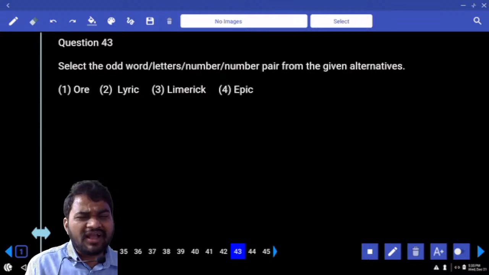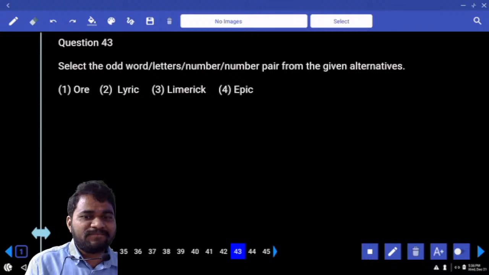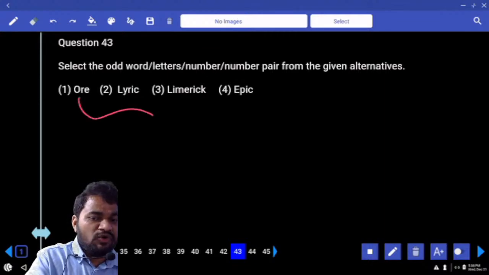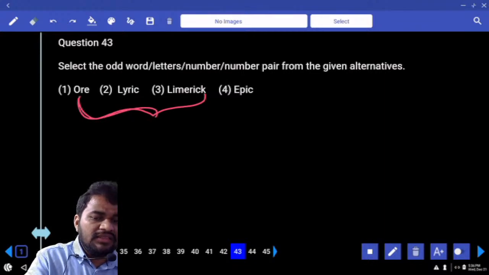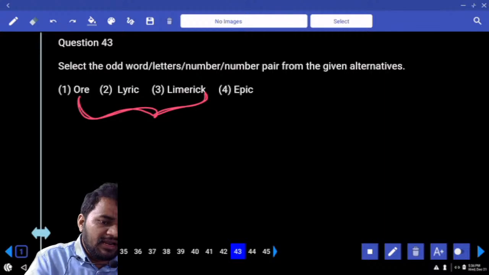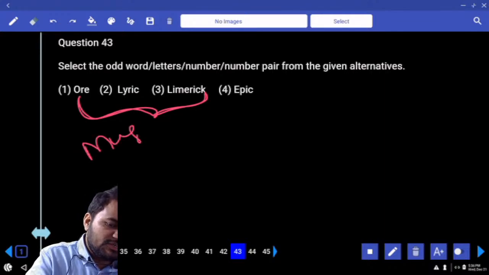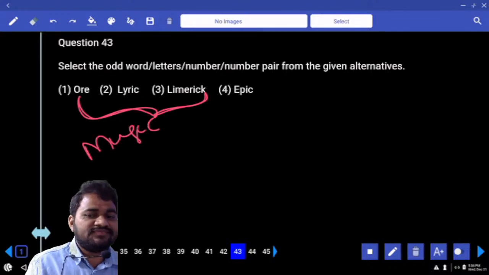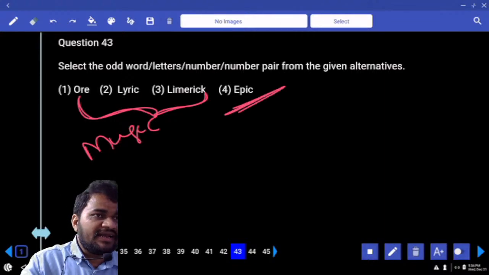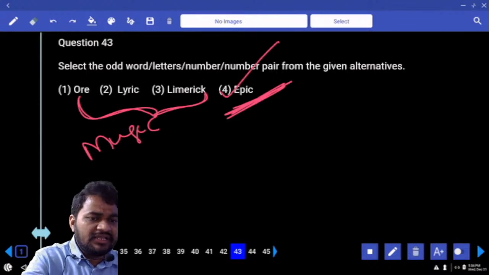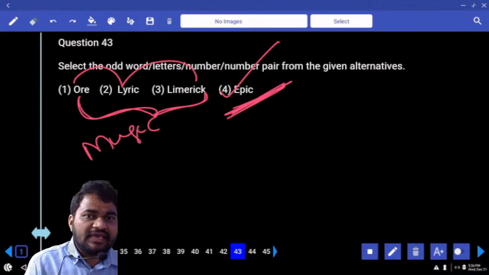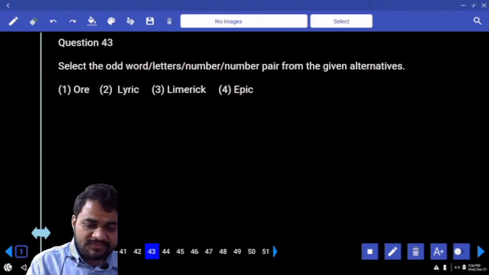The odd one out is epic, because all these words are related to music, but epic is not related to music or instruments, so epic is the odd one. All these are musical elements except epic, so epic is the odd one.